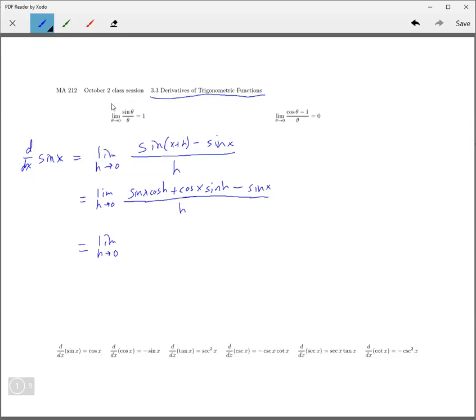Now the key here is to use these two facts right here. The first one: you take this term and this term and just look at those. They both have a sine x in them, right?